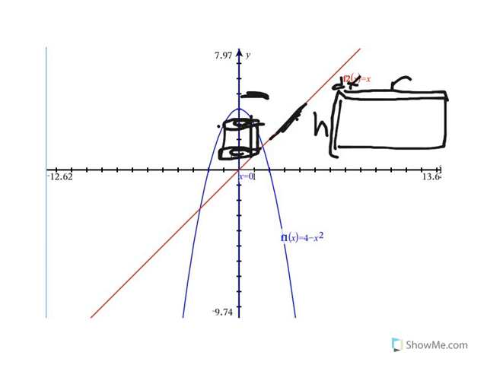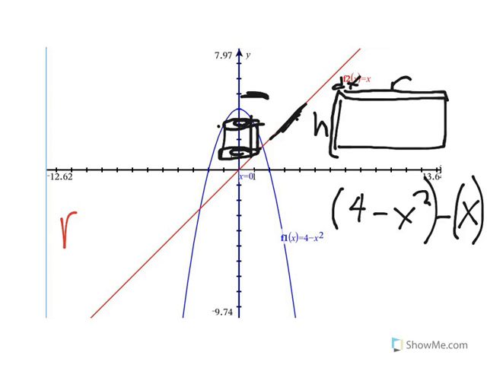So then for the H, it would be 4 minus x squared minus x, because that's the equation of the top line minus the bottom line. R equals x.